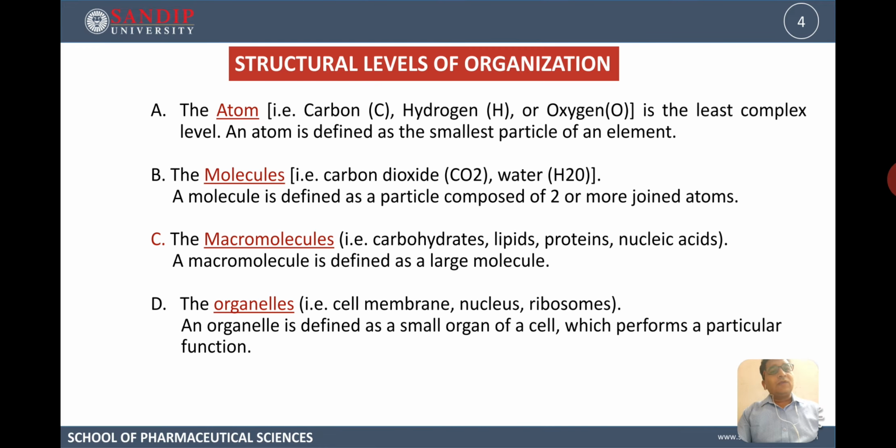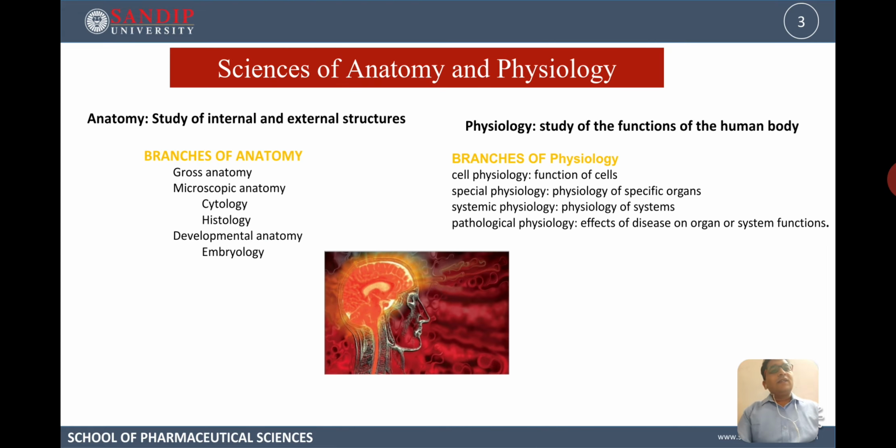And the next one is pathological physiology. Pathological physiology is a branch of science which studies the effects of diseases on the organs or the system functions. Hope you understood the first basic part, the sciences of anatomy and physiology.